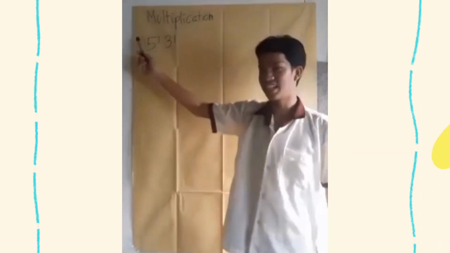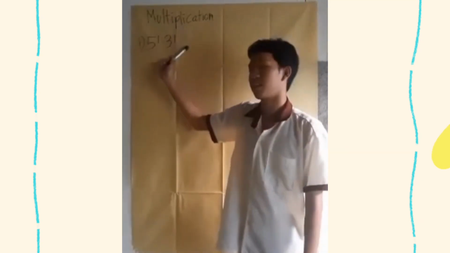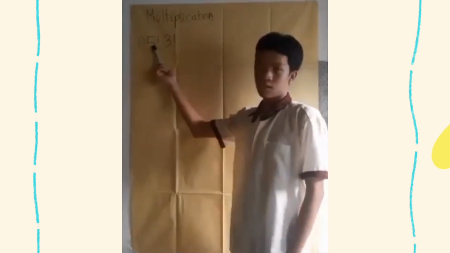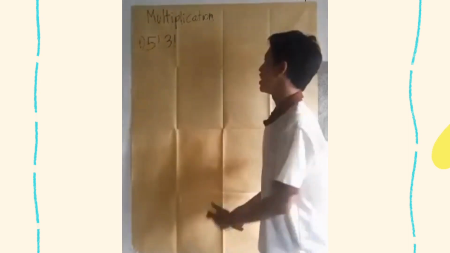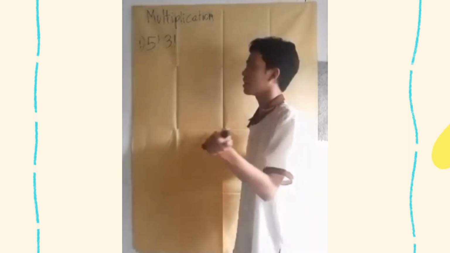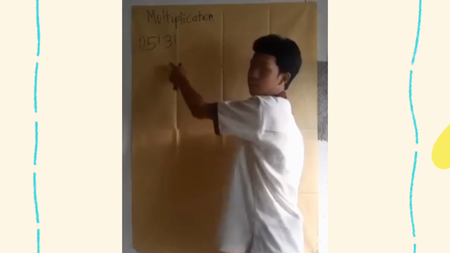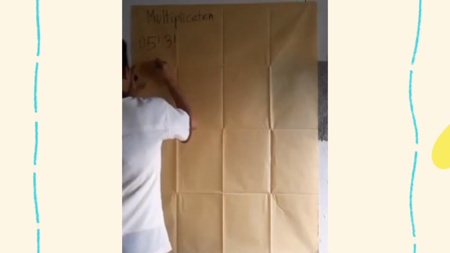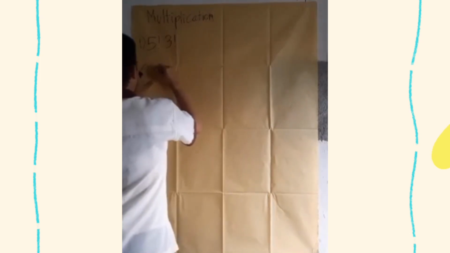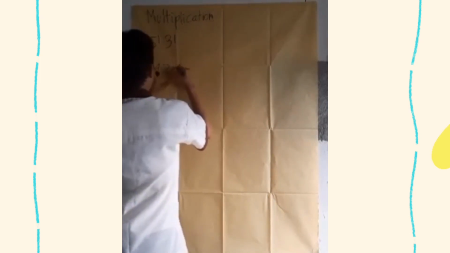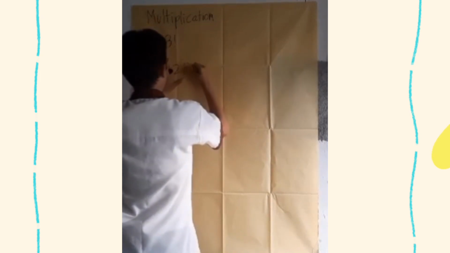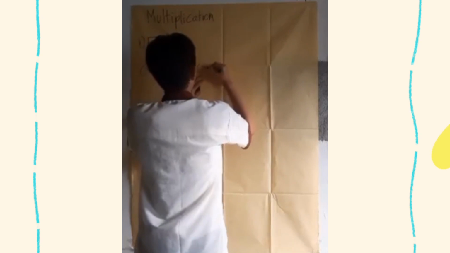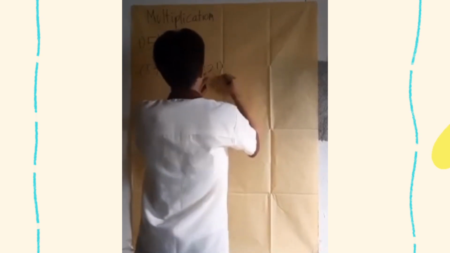So next is factorial notation in multiplication. Ngayon, i-discuss natin kung paano nga ba i-solve ang 5 factorial at 3 factorial. Una, i-expand natin ang 5 factorial: 5 times 4 times 3 times 2 times 1. Ganon din sa 3 factorial: 3 times 2 times 1.